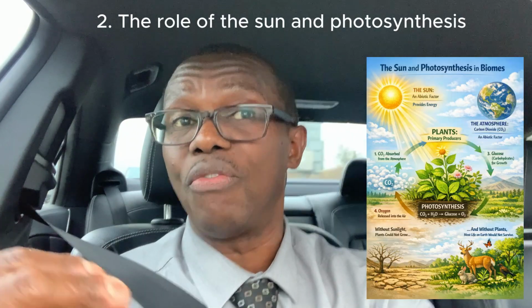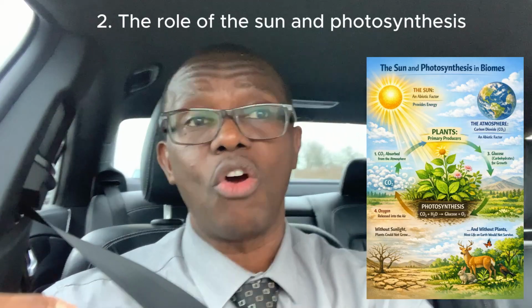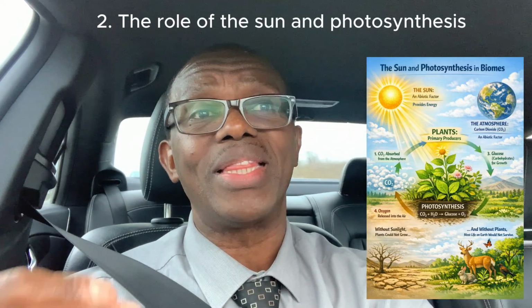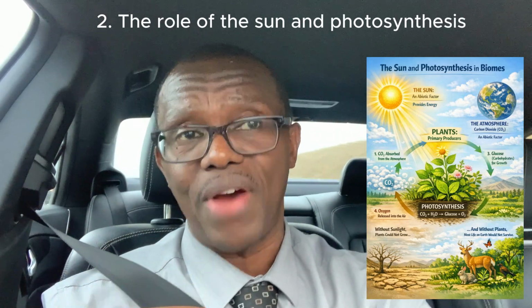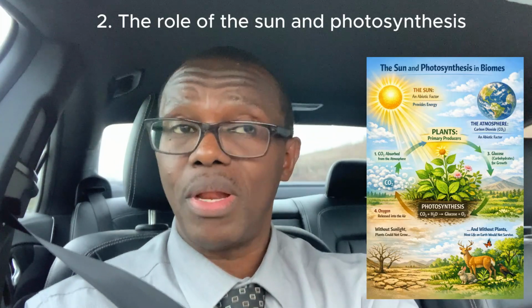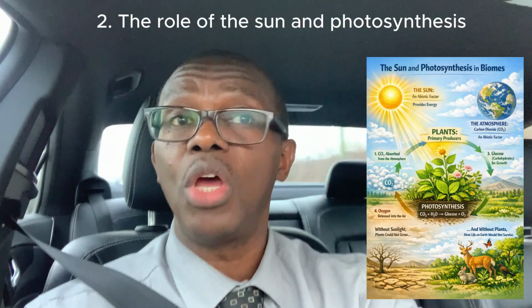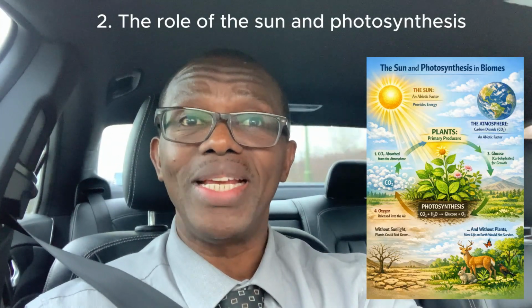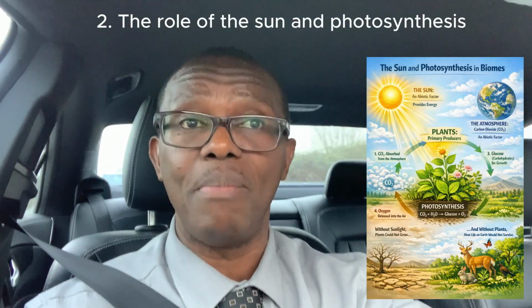And then the energy of the sun is coming into play as well, which is abiotic, and that is showing that there is an interaction between those biotic and abiotic factors. So without the sun, plants would not grow, and without the plants, most of the life on Earth would not be able to survive. So that interaction is really, really important between those biotic and abiotic factors.